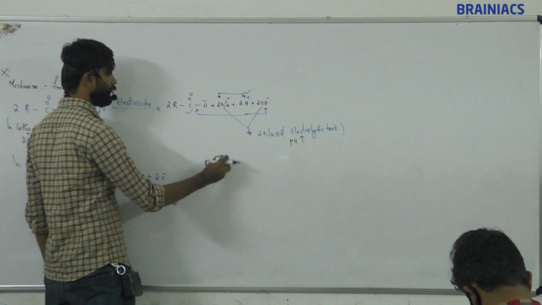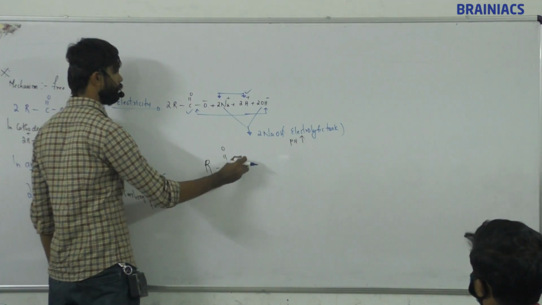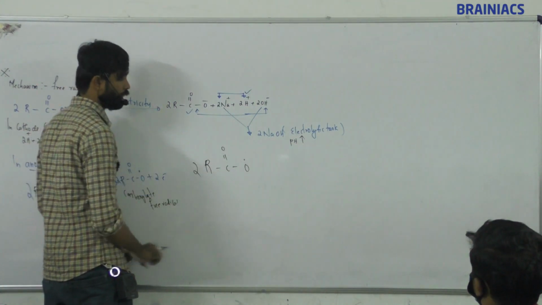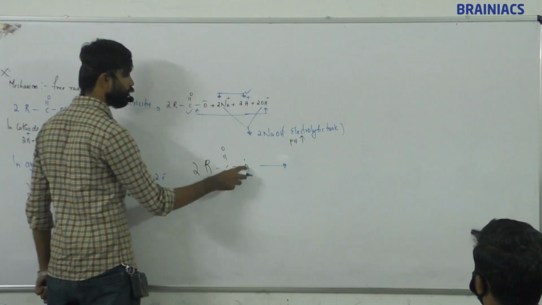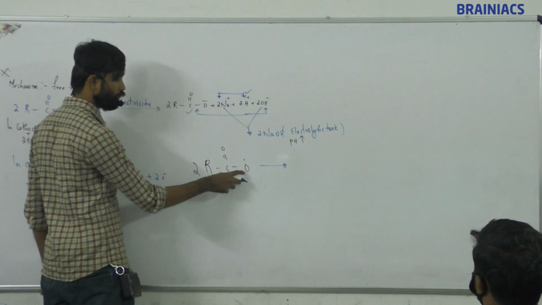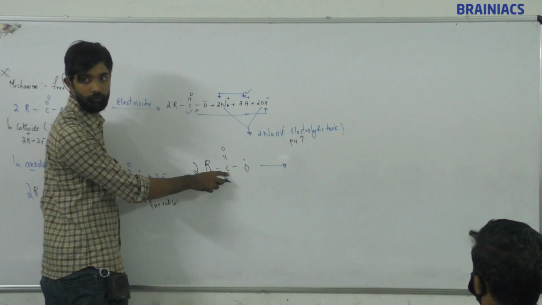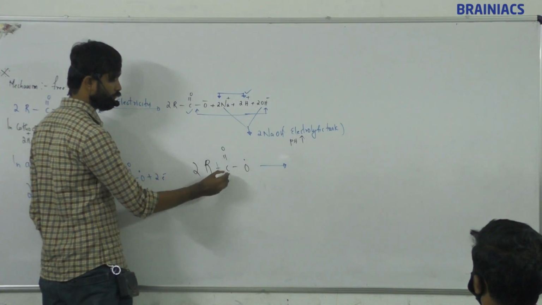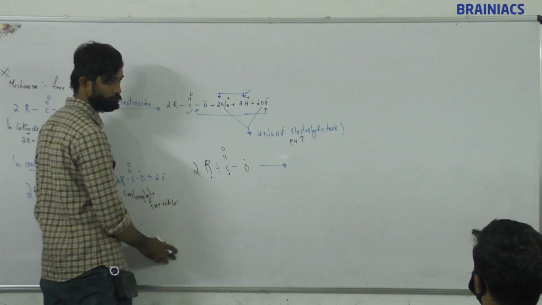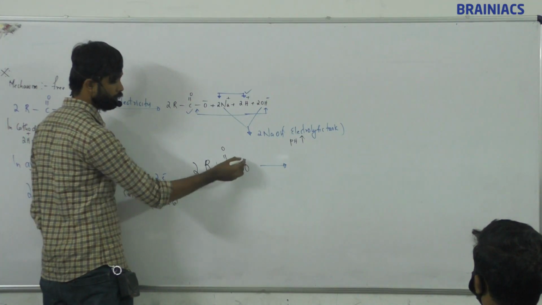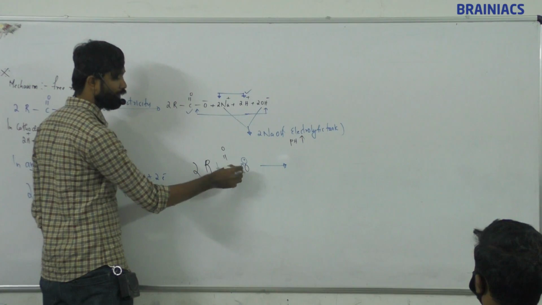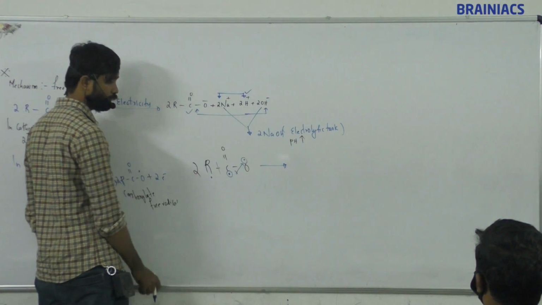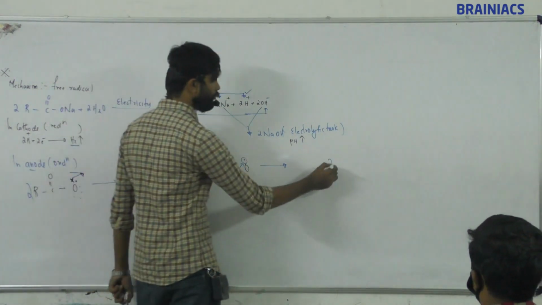Now the carboxylate free radical which formed at the anode becomes, since this oxygen has an odd electron, this oxygen asks for an electron from carbon. So this carbon cleaves this bond to bring electrons, and it becomes CO2.